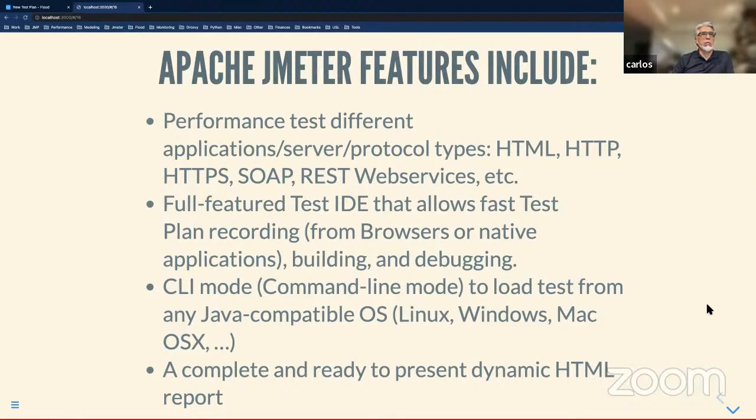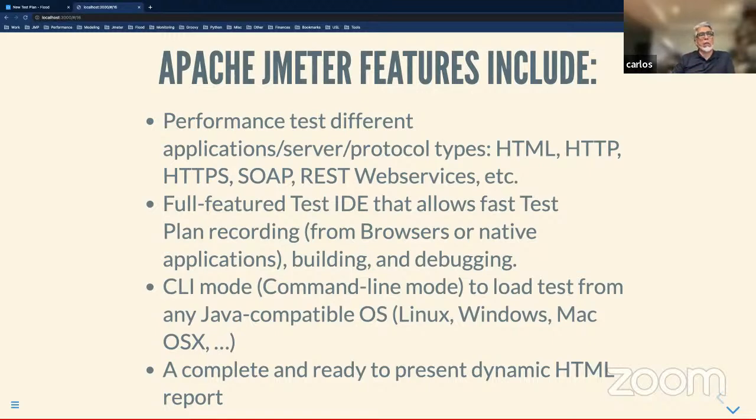jMeter allows you to use different protocols. It has a great IDE, and we're going to look into that. It has a CLI mode that allows us to run commands from the command line, and a lot of reporting while we're running the test or afterwards.